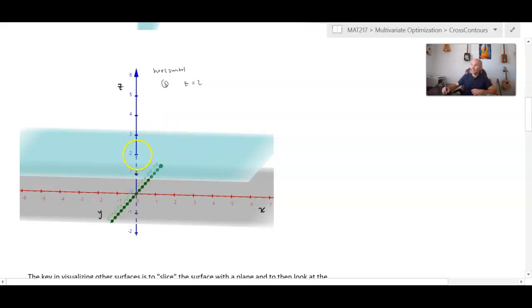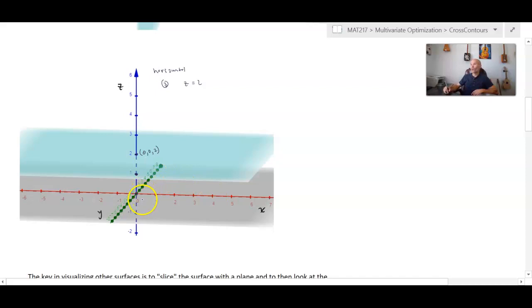And by the way, it is slicing through z equals 2. It's just, again, the perspective makes it look like it's coming down at us because of the way this entire graph is kind of tilted down towards the screen. So this point right here is the point 0 units in x, 0 units in y, and 2 units in z. In that case, that's the z-intercept.